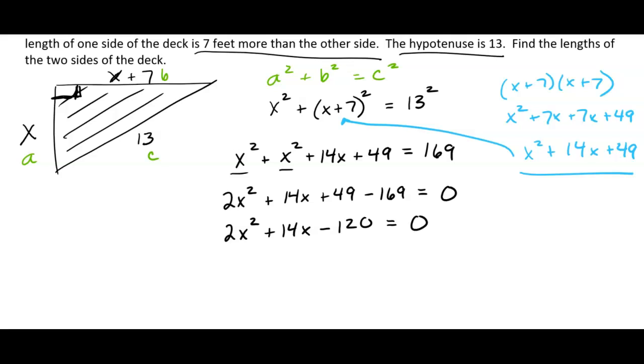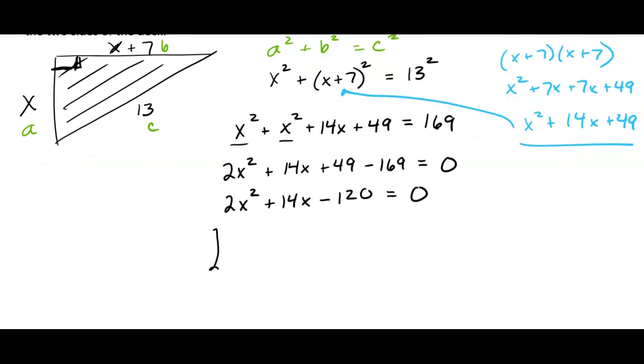All right, now it looks like I can factor out a 2. So I'm going to do that. The GCF is 2. So then I get x squared plus 7x minus 60. So now I need to think of 2 numbers that multiply to be negative 60 and add to be 7.